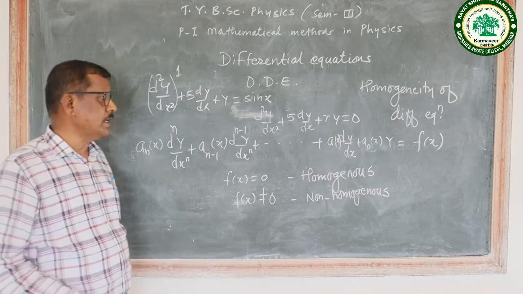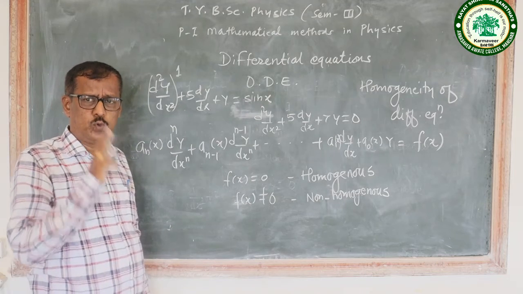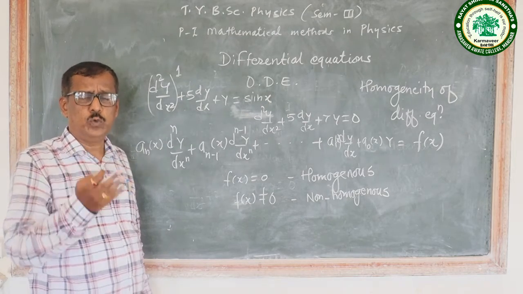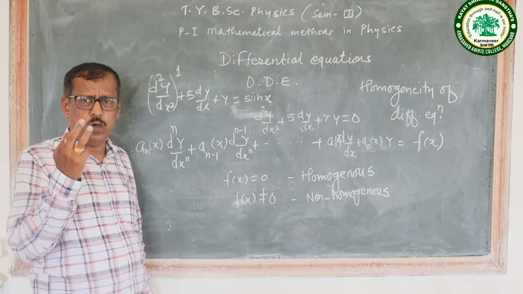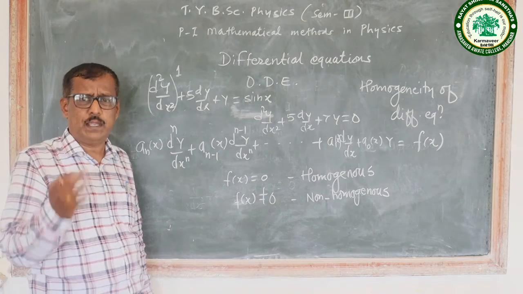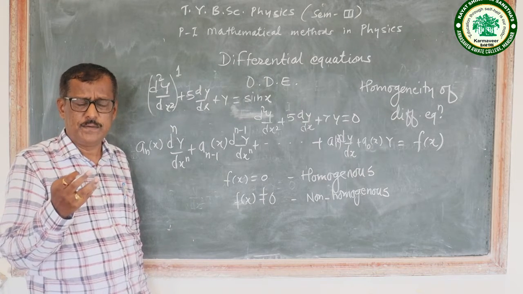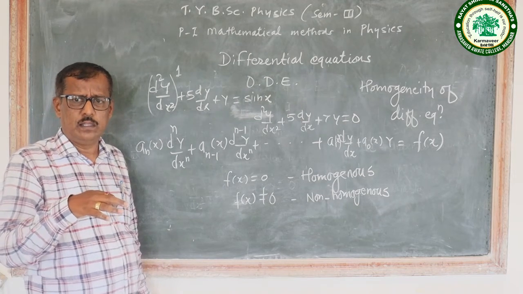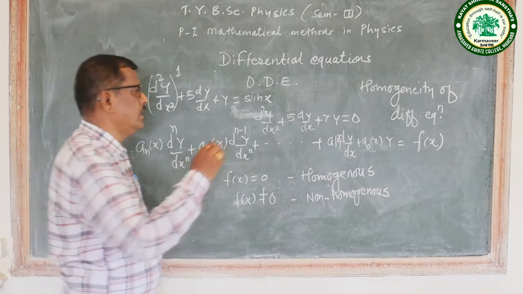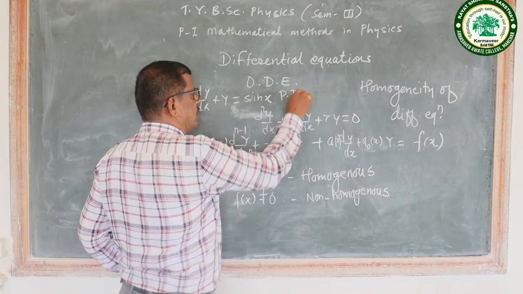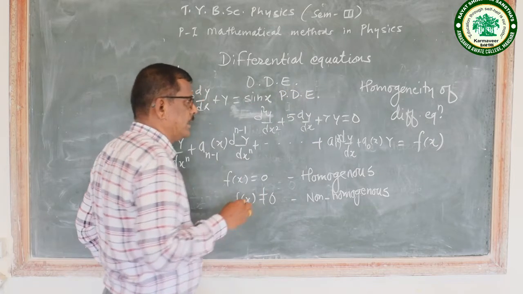If in a differential equation there are two or more independent variables, then we call it a partial differential equation.